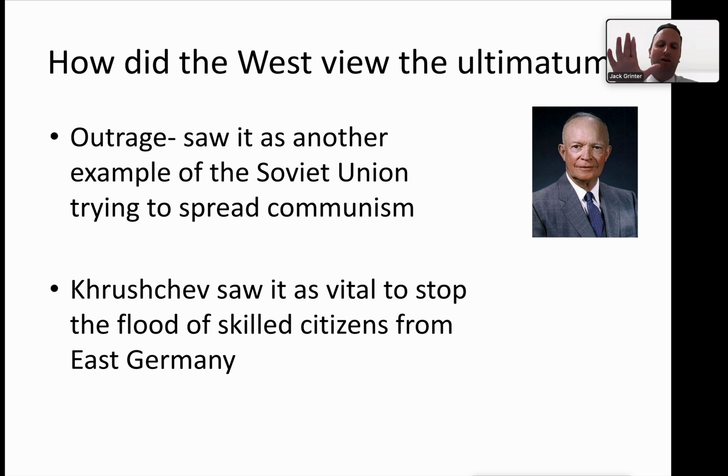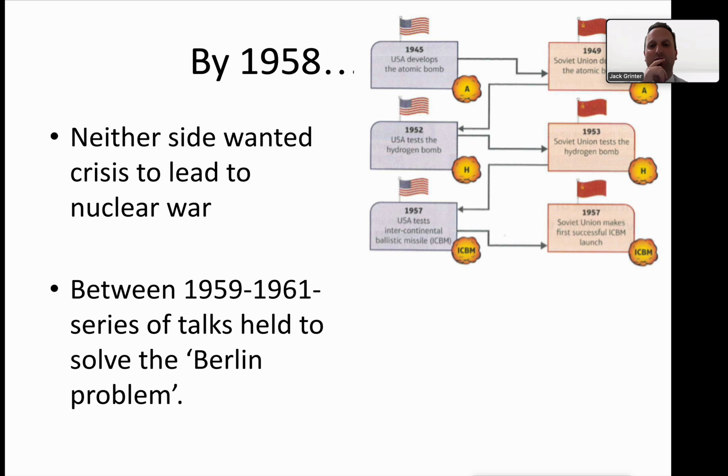So how did the West view it? When we talk about the West here, we're talking about USA, Britain. They saw it as outrageous. They thought that it was another example of the Soviet Union trying to spread communism, like they'd done after World War II in Eastern Europe between 1945 and 1947. But from Khrushchev's point of view, it was important for him to stop those skilled citizens leaving East Germany.